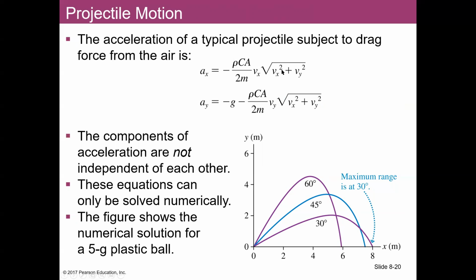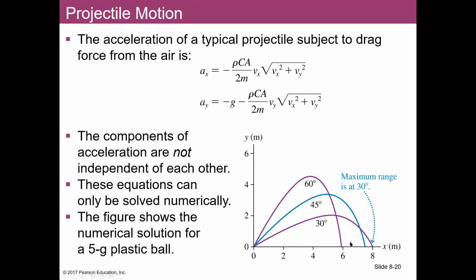But in this, what you find is that the acceleration in the x direction actually depends on the velocity in both directions. And the same thing in the y, but including g. All that to say, and I don't want it to get lost on us, it turns out that when you include drag, then 45 degrees is actually not the angle of maximum range when you're flying off a horizontal surface.